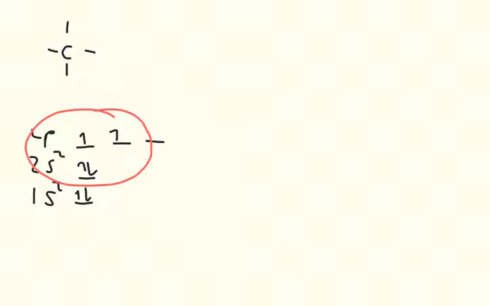That means that when I make my bonds, I'm going to want to have 4 bonds that are exactly the same. That's going to mean taking these 4 orbitals and hybridizing them, mixing them together to form something new.